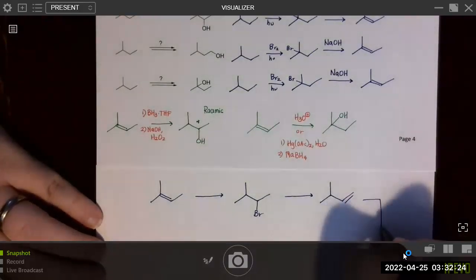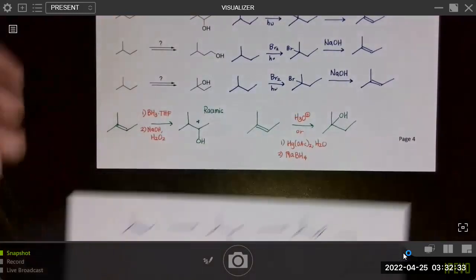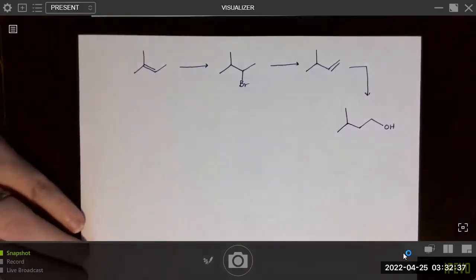And then we'll be able to do an addition reaction to get the OH in the position that we want. So that's going to be our strategy here. Now we just need to fill in the different reagents that we would want to use.